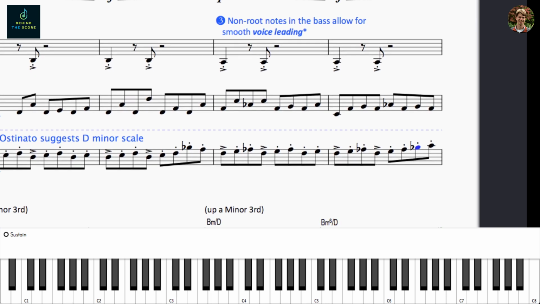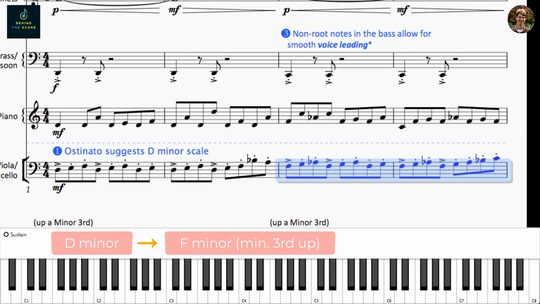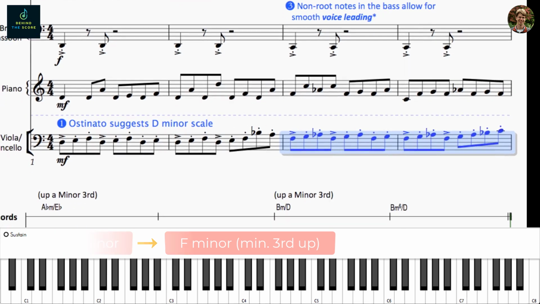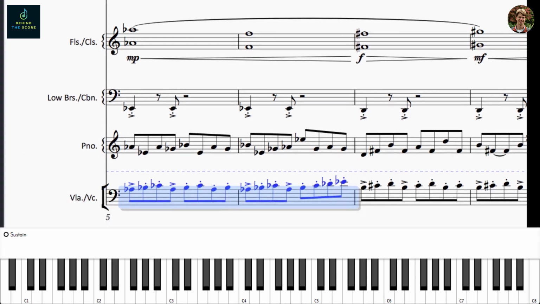So let's continue. Just to recap, we started in D minor. We moved to F minor for 2 measures. And then let's see what happens in measures 5 and 6. We modulate again. So we have the same melodic shape, except now we're starting on A flat.